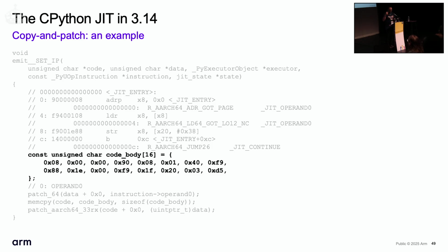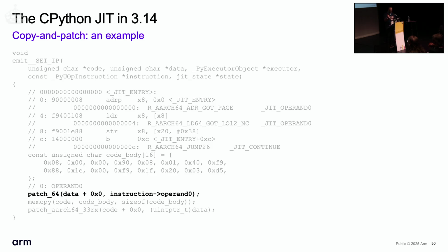This is what we call the stencil. It's a small precompiled machine code template that implements the logic for a single micro-op. When the JIT needs to emit setIP, it simply copies this array into executable memory and patches in the right operand value. So rather than generating new code every time, CPython uses these reusable stencils to keep the JIT simple, fast, and somewhat portable.